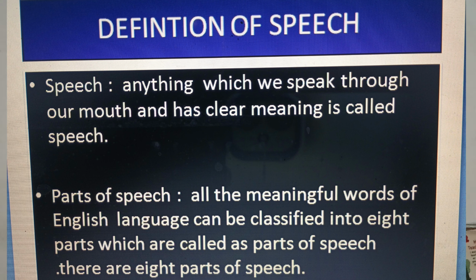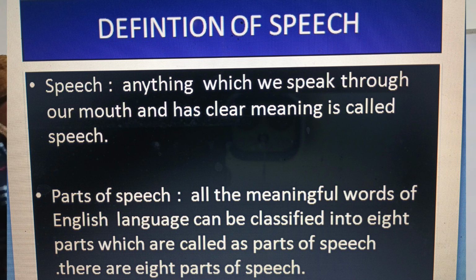A speech can be defined as any meaningful word which has clear meaning is called speech.